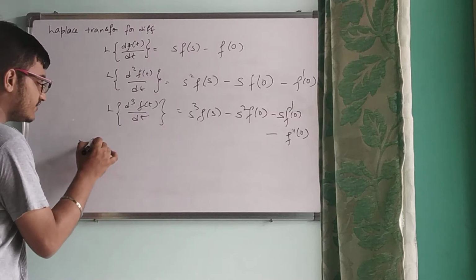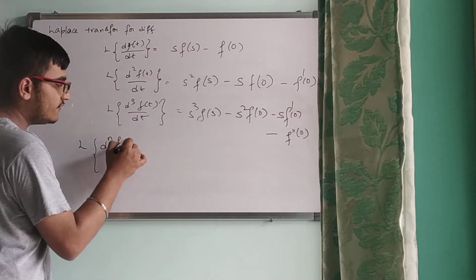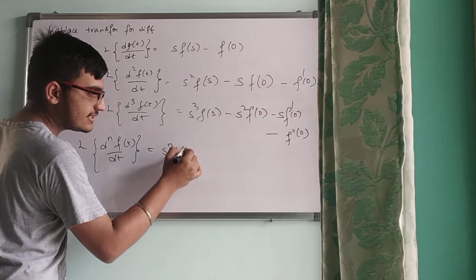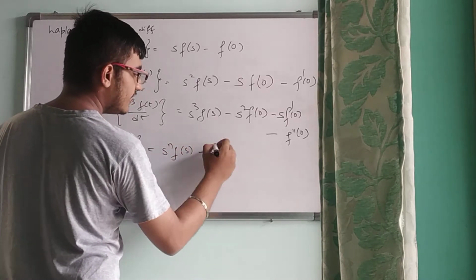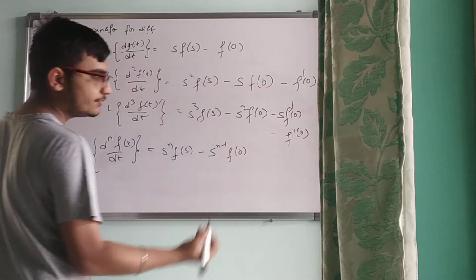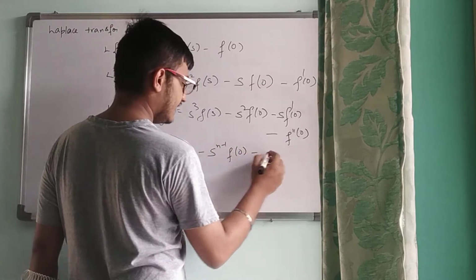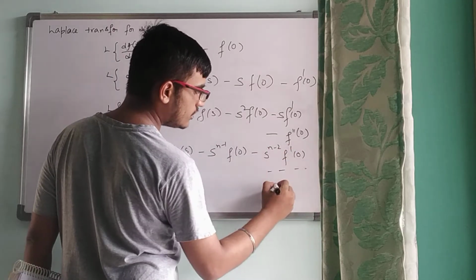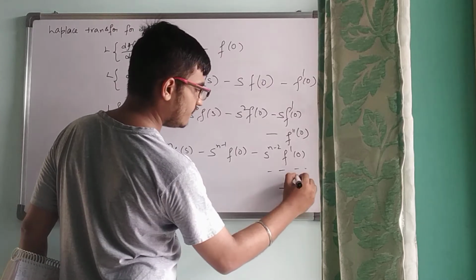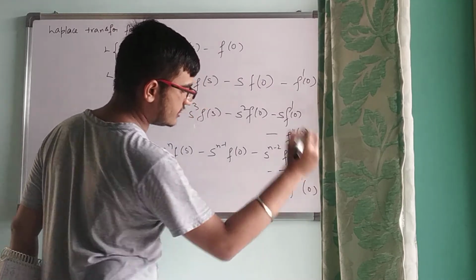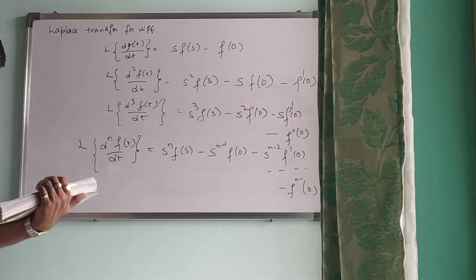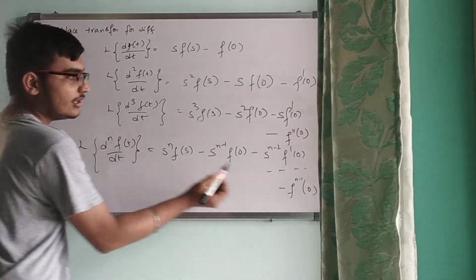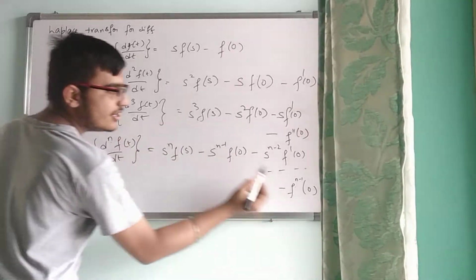So the Laplace transform of the general derivative d power n f of t by dt power n is equal to s power n into F of s, minus s power n minus 1 into f of 0, minus s power n minus 2 into f dash of 0, and so on, minus f power n minus 1 of 0. If it is square, f dash 0; if it is cube, f double dash 0.